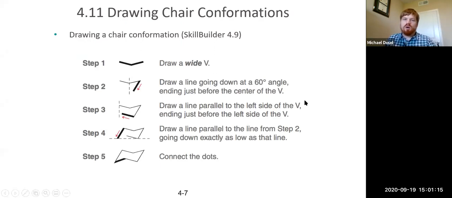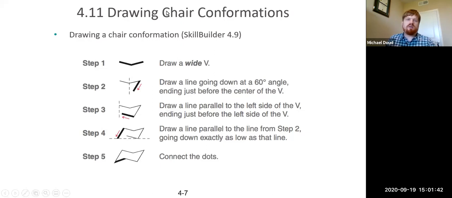Okay, so how do you draw a chair conformation? Basically what we want is to draw a hexagon in a way. I guess it's a type of hexagon, but instead, it's a 3-dimensional representation of what this chair should look like.